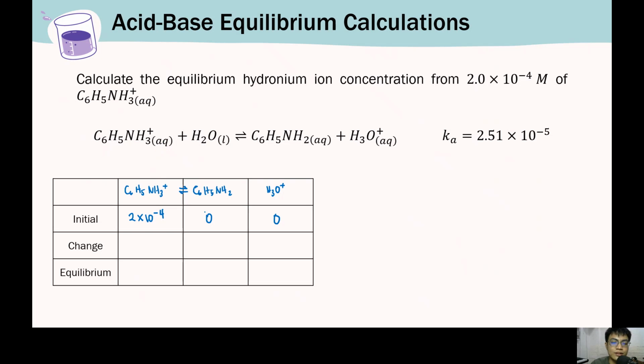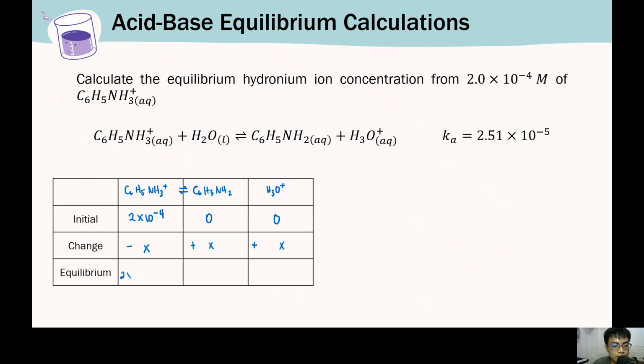And just as I said, for the change, where the initial is 0, that's where the change is positive. So this will be positive x, another positive x, and where it is not 0, the concentration change is negative. Then for the equilibrium, all you have to do is combine the initial and the change, so you just add them up.